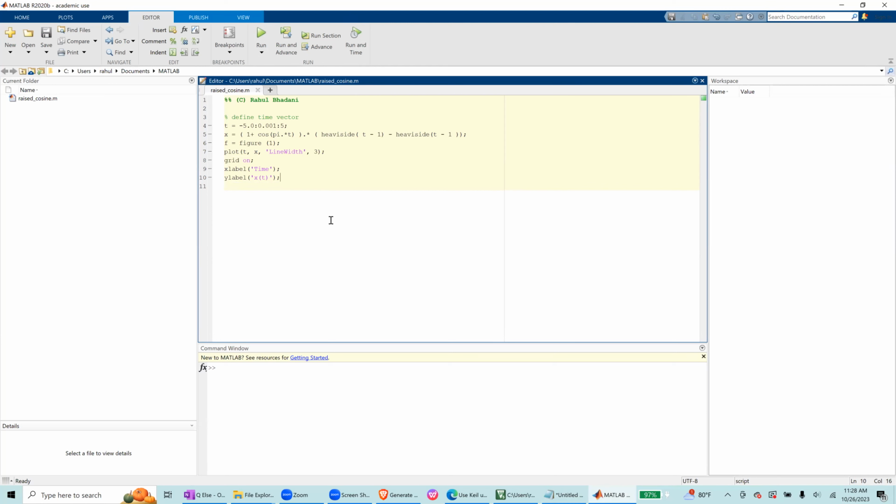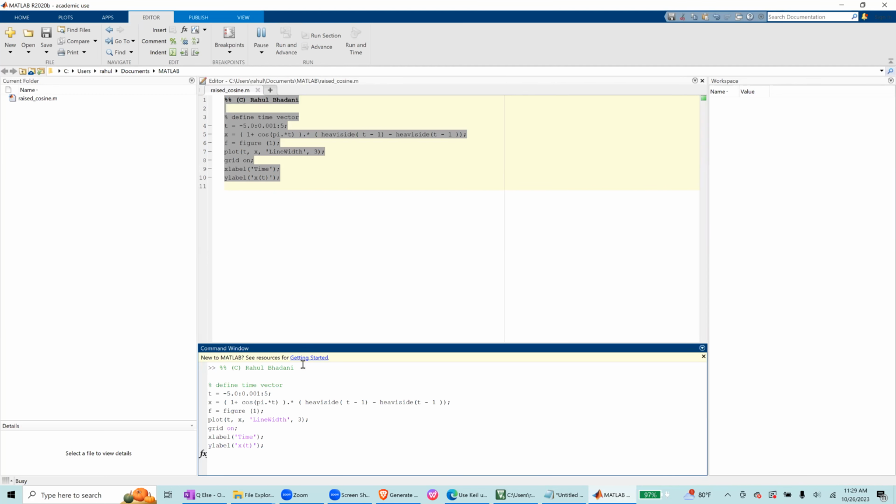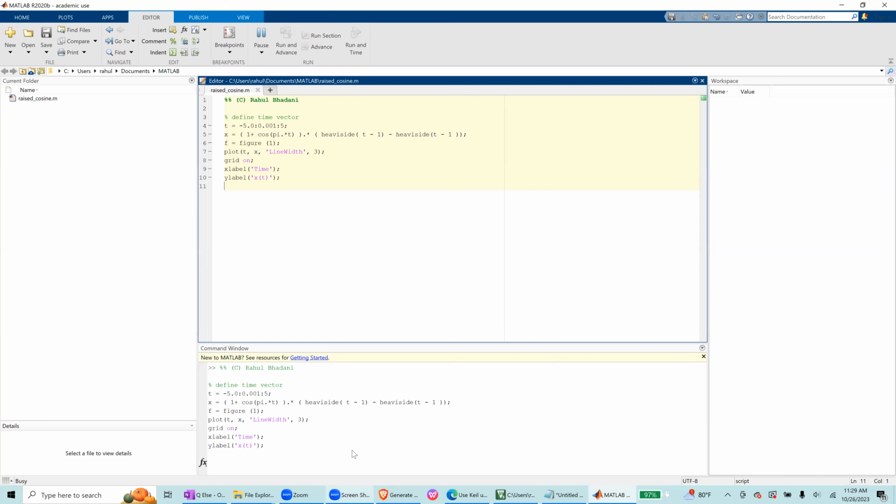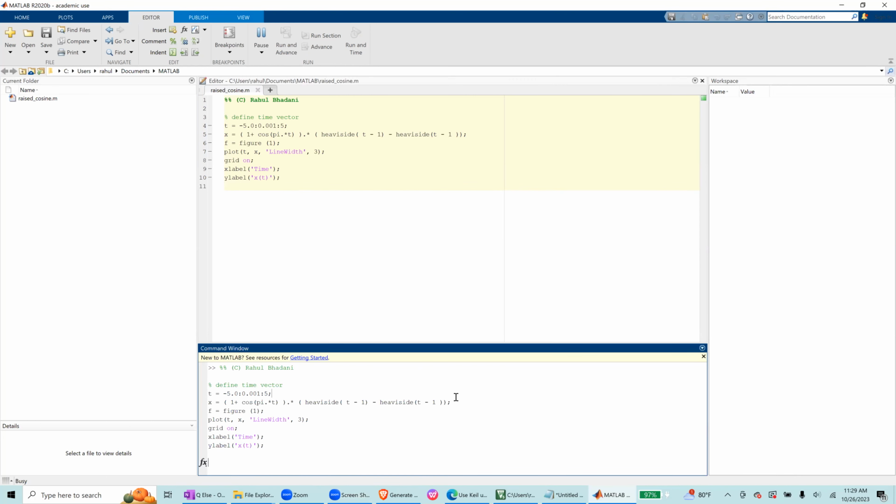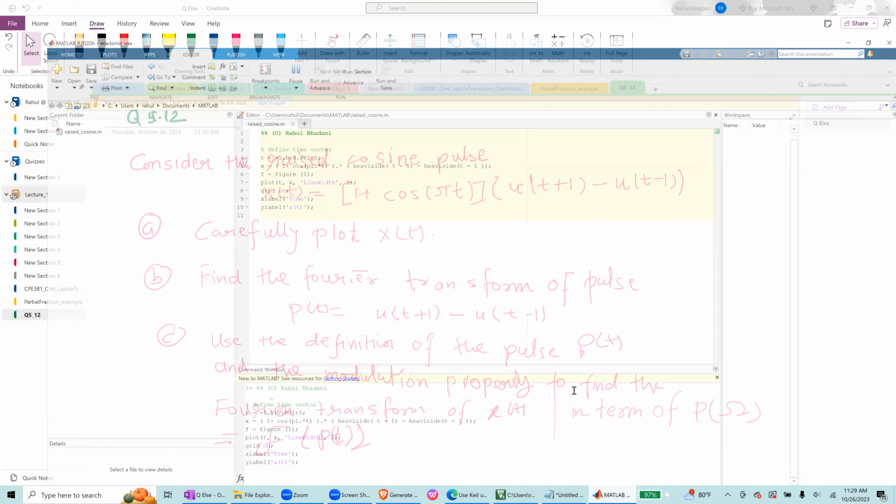Okay, it did go. I'm not sure why it didn't execute, but we type it here and then let it execute. It's taking a little bit longer than expected. It looks like my system is slow.